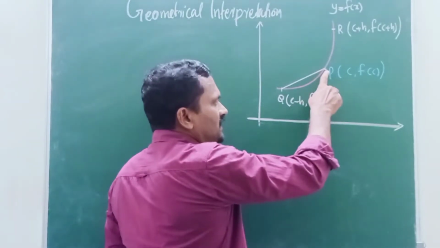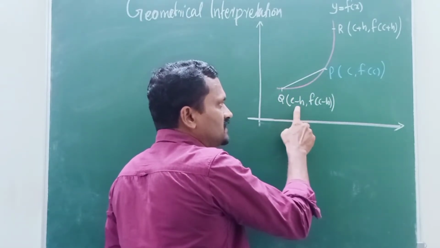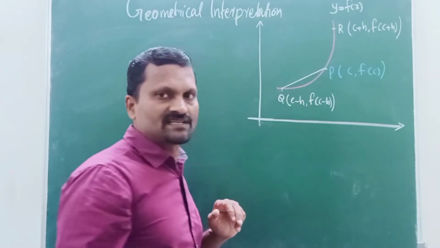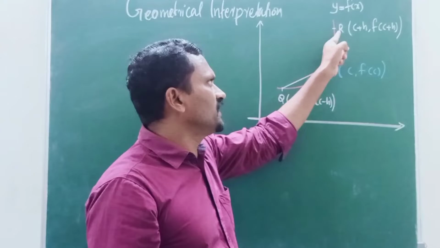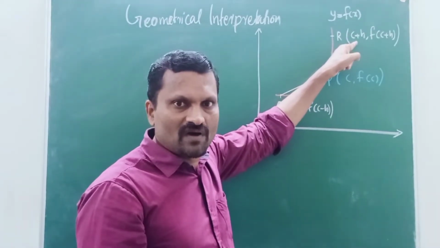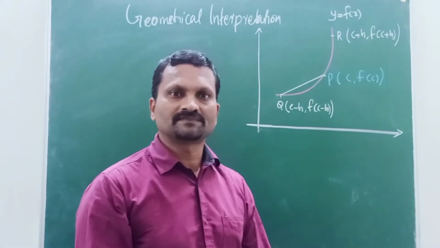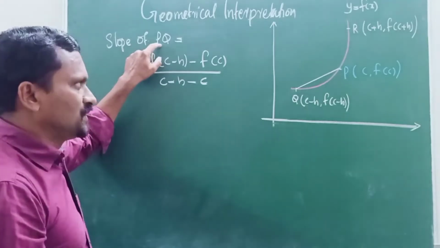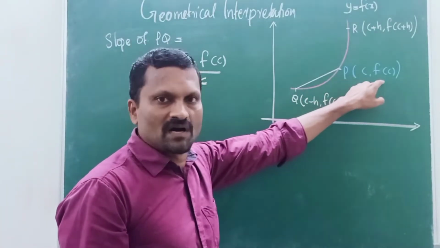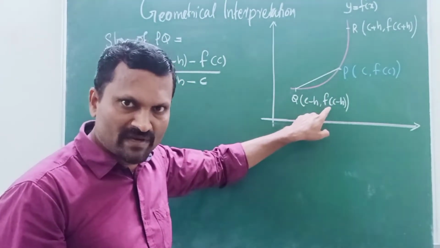Then the point very close and to the left of P is Q, with coordinates (c minus h, f(c minus h)), and the point very close and to the right of P is R, with coordinates (c plus h, f(c plus h)). Slope of PQ, where P is (c, f(c)) and Q is (c minus h, f(c minus h)).